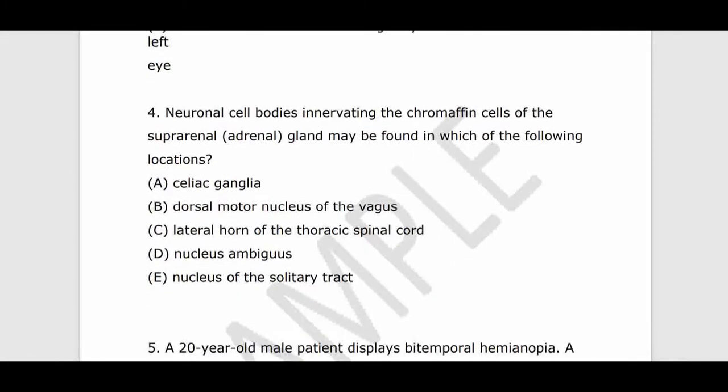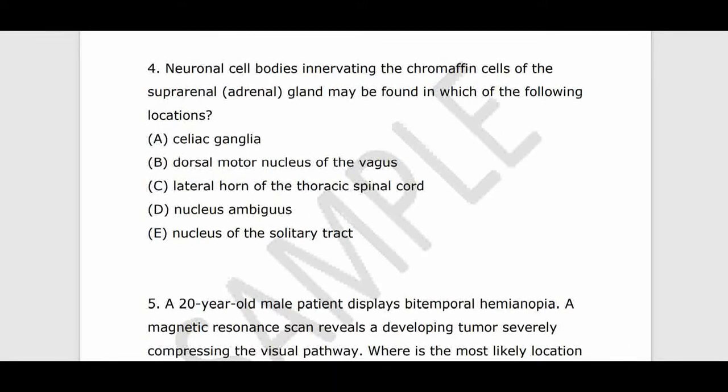Question number 4. Neuronal cell bodies innervating the chromaffin cells of the suprarenal adrenal gland may be found in which of the following locations? Okay, it's important to note that the adrenal gland itself, especially the medulla now, where you have the chromaffin cells, actually is like a postganglionic collection of neurons in the sympathetic nervous system.